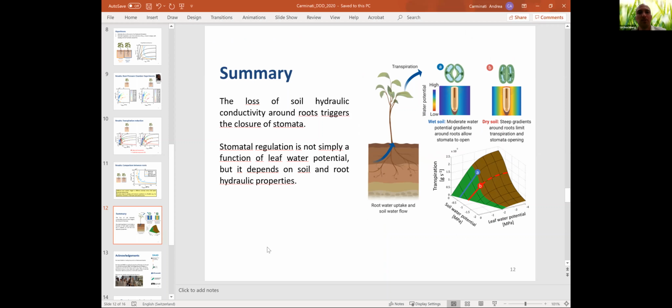I have a question that combines, I think, all the speakers we've seen so far. Both Tony and yourself, Andrea, suggested that there is a difference in stomatal regulation with respect to the soil volume.